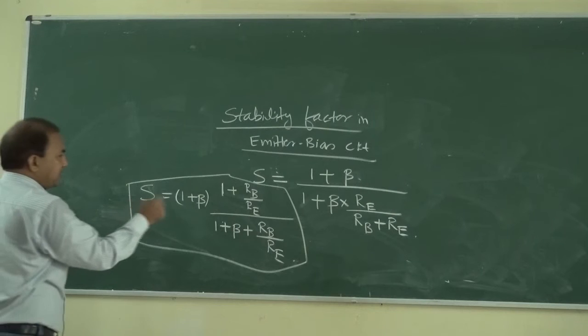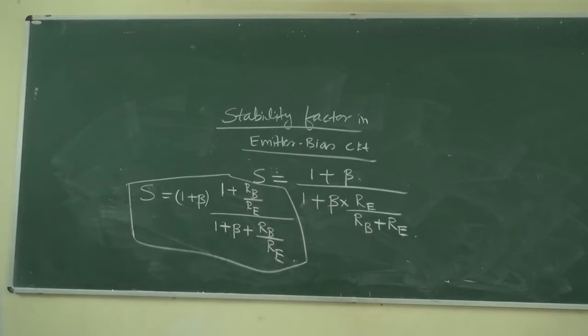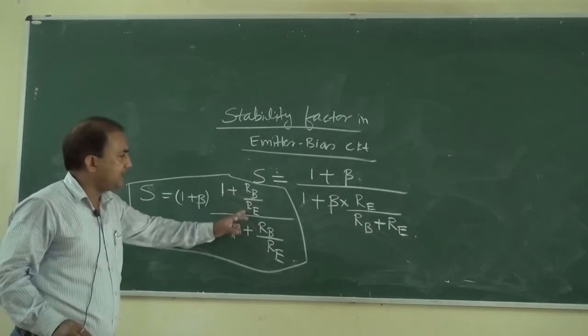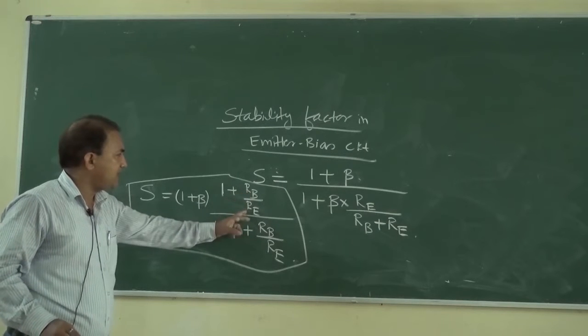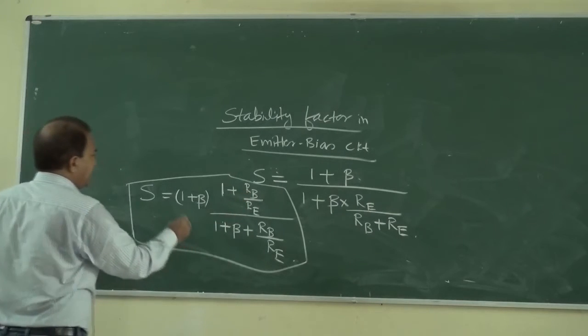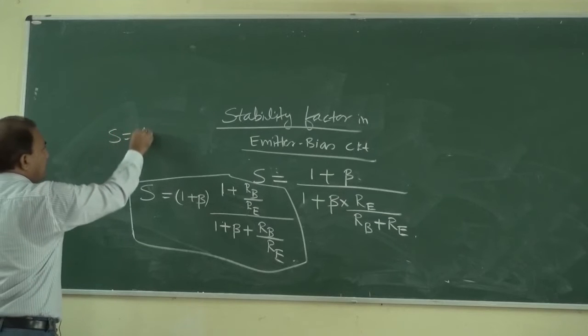Okay, now what is the range of this stability factor? If RB by RE is very small, approximately equal to 0, then S will be equal to 1.